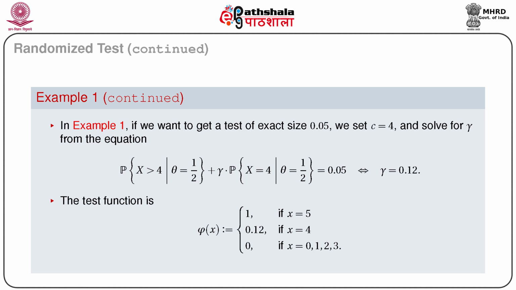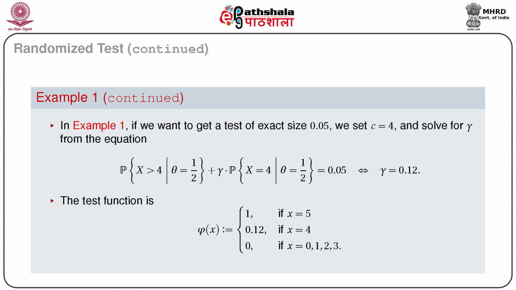Therefore, the test can be interpreted as follows. If the observed value of x is greater than 4, that is, the number of successes is greater than 4, we reject H0. But if the number of successes is less than 4, we accept H0.